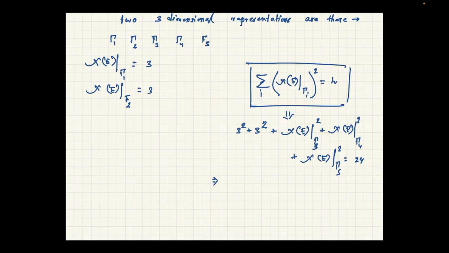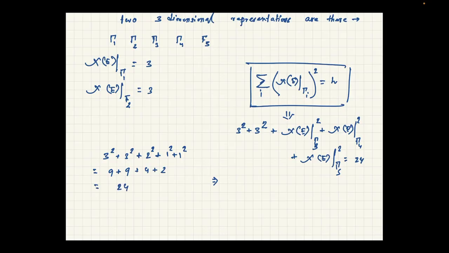Okay, so if there is one two-dimensional representation, then it will be 3 square plus 3 square plus 2 square plus 2 one-dimensional representation, then it will give 9 plus 9 plus 4 plus 2. So 18 plus 4 equal to 22, 22 plus 2 equal to 24.